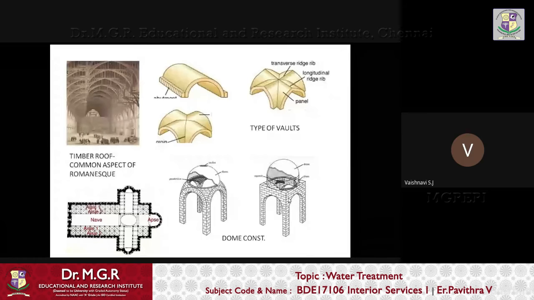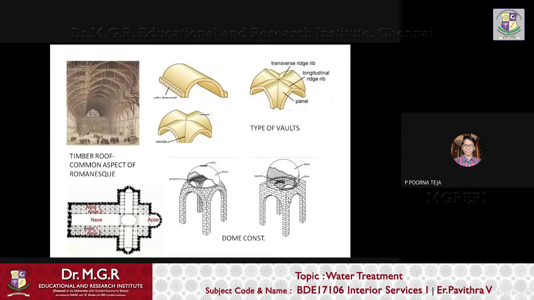Correct. Who's that? Purna Teja, ma'am. Okay. Pendentive and squinches. If the dome is placed above an arched type of wall, then it's called pendentive. And if it is completely square, you will call it squinch.